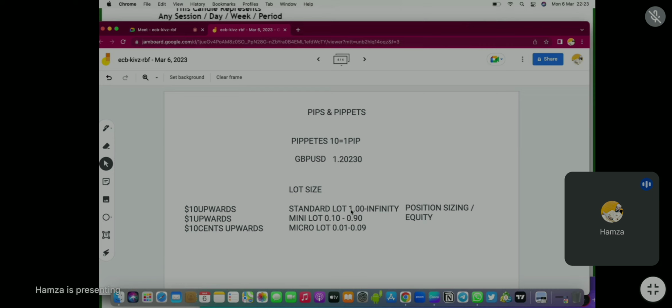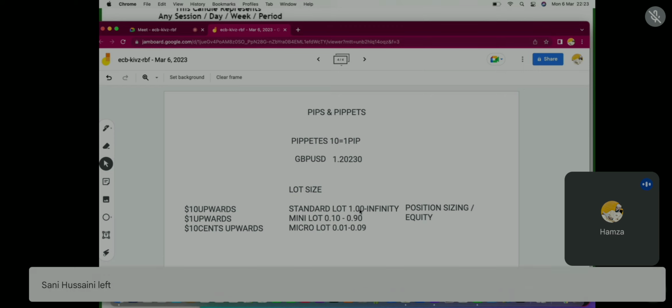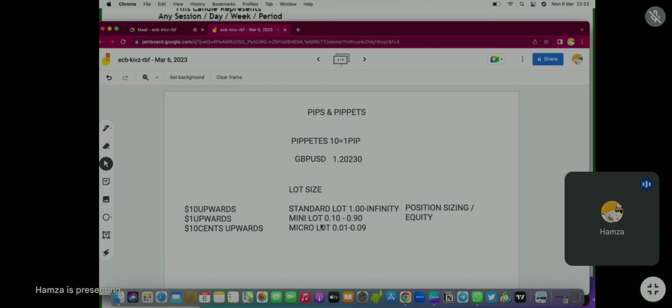The number before it could start from 1 upwards if it's a standard lot, before you see anything after the point. Anything after the point is either a mini or micro. The first number after the point is where the mini lot sizing starts from. The second number after the point is where the micro lot sizing starts from.